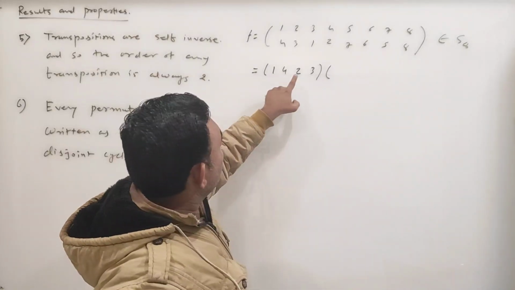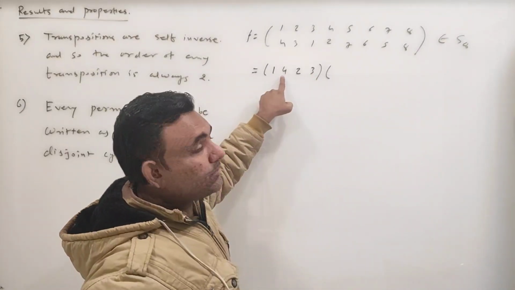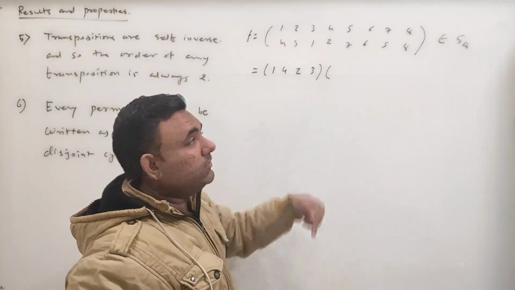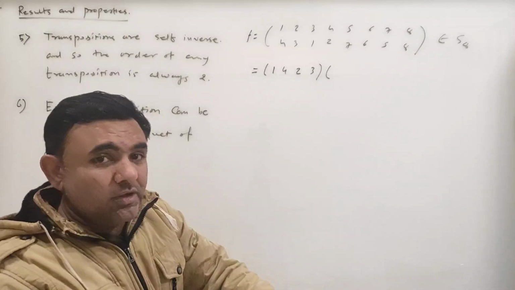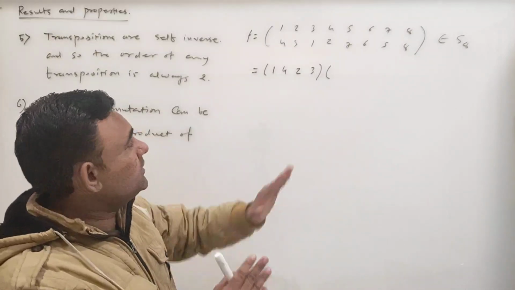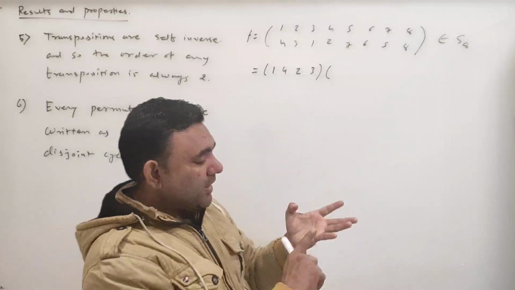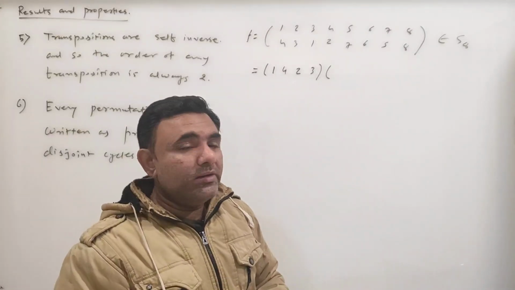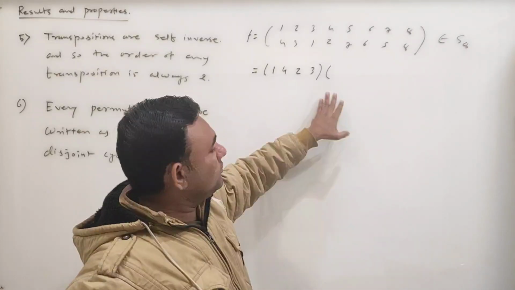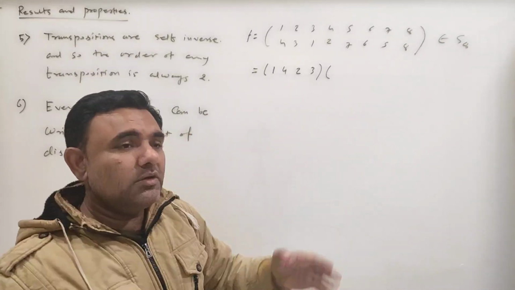So here 1, 2, 3, 4 are present. The next one is 5. It is also not necessary that you start with 5 only. You can start with any object which is not present here. Here 5, 6, 7, 8 are not present, but for easy calculation you go in this order.